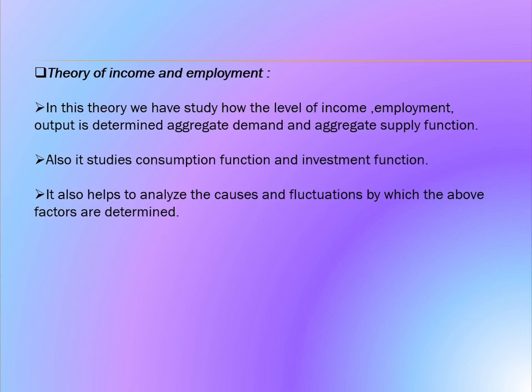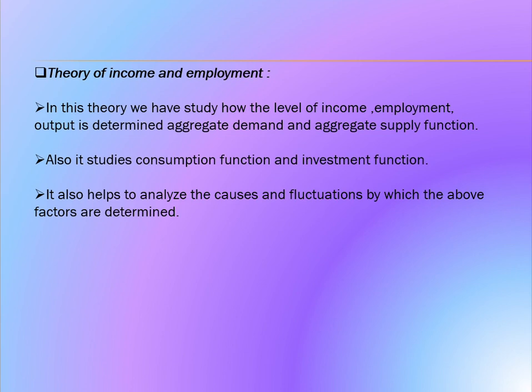Aggregate demand shows the consumer side of the economy as a whole, which includes the consumption expenditure for consumer goods, investment expenditure for producer goods, government expenditure for different goods and services in the economy.